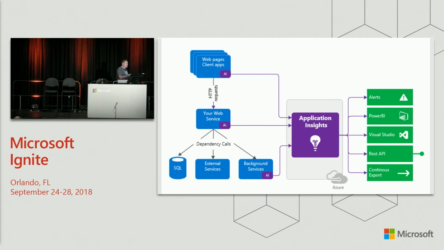As I said, you can do a lot with that telemetry once you have it, but you have to have the telemetry and information. So you can output it to Power BI dashboards if you want visualization and reporting. You can output it to Visual Studio. You can alert folks with that telemetry if you're seeing too much processing or slowdowns or performance issues, you can send out alerts as well.